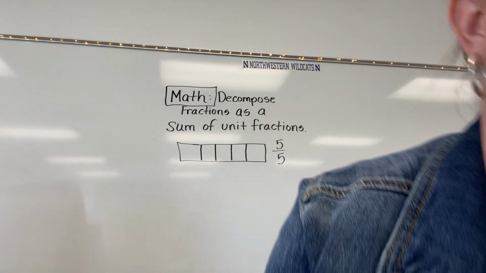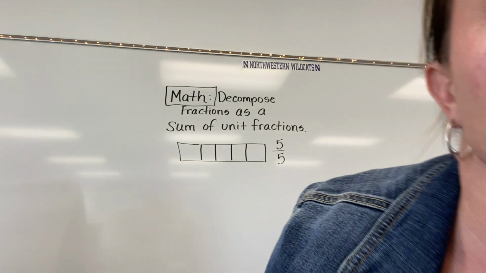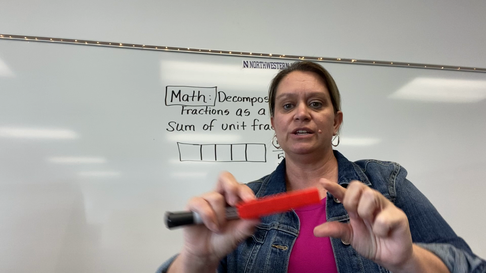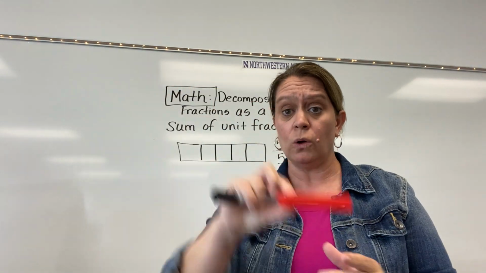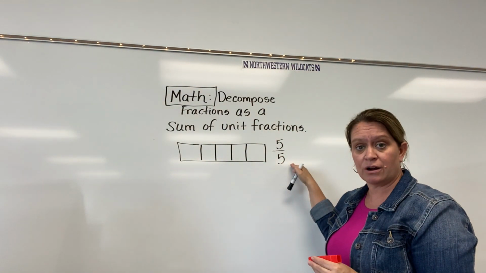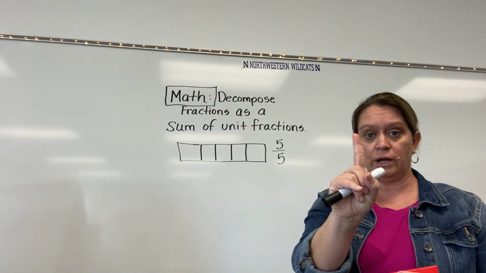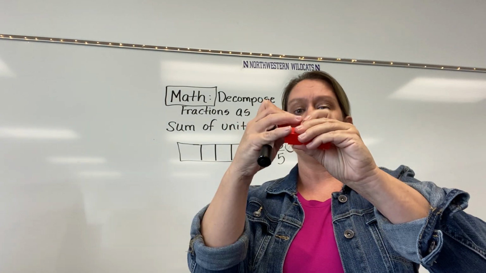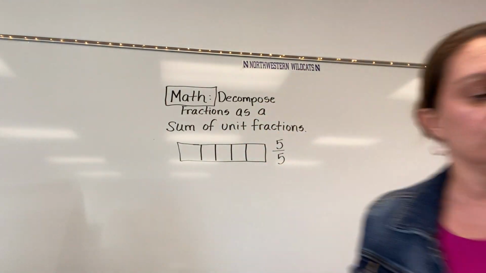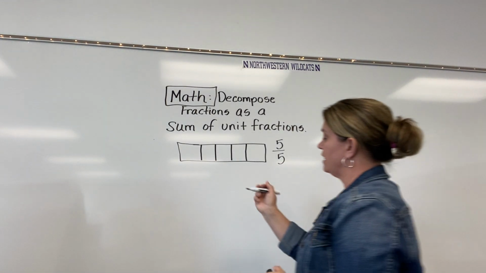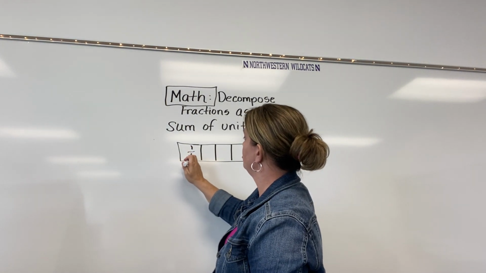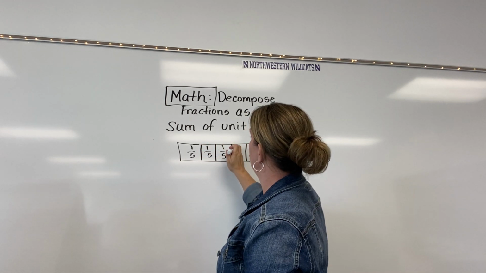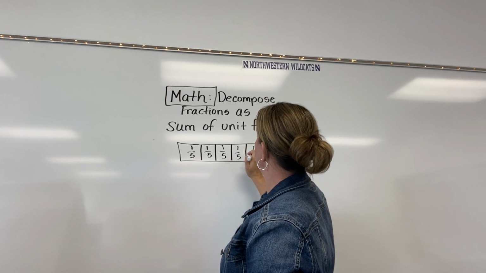Again, back to these. If I have these, 1, 2, 3, 4, 5, these are 5/5, one whole. Anytime your numerator and denominator are the same, that represents one whole. Now, if I start breaking it apart, up here with fractions, we've got 1/5, 1/5, 1/5, 1/5, and 1/5.